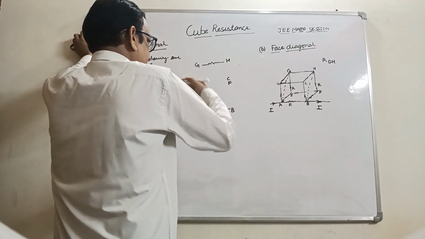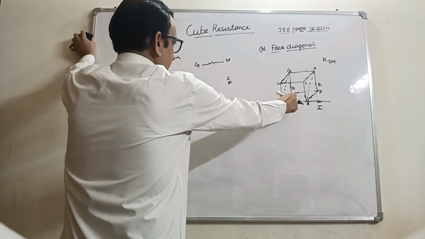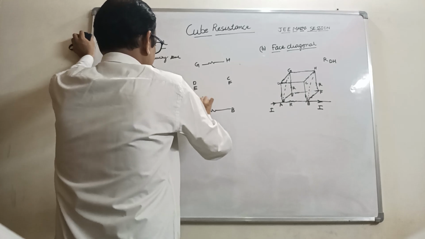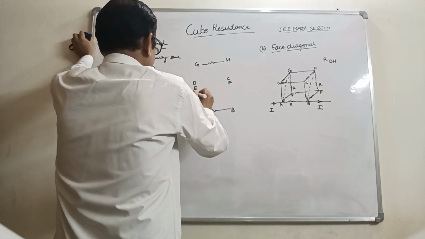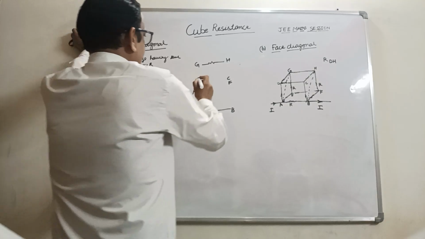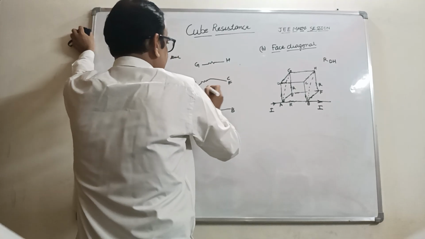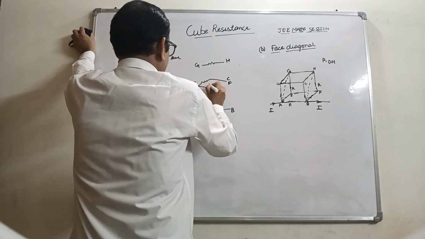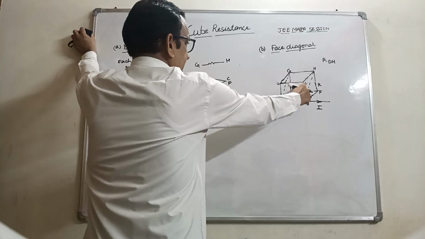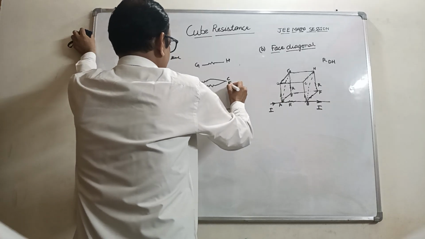Now we draw the resistances. A is connected with D and E, and H is also connected to D and E, so there are two resistors here in parallel. Similarly D and C are connected, and E and F are connected, again in parallel. C is connected with B, and F is connected with B, so both are connected here.